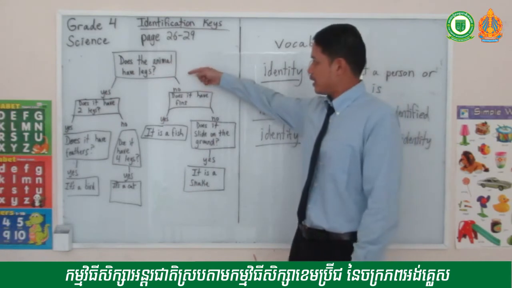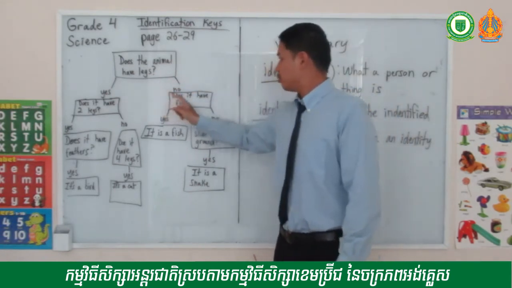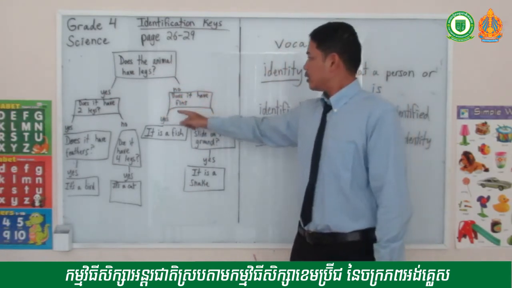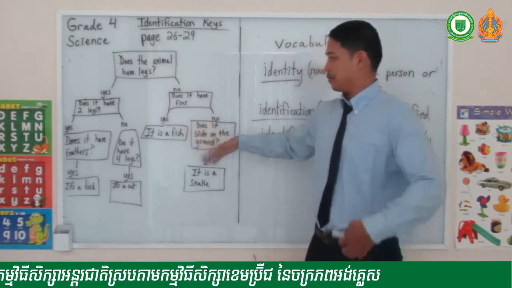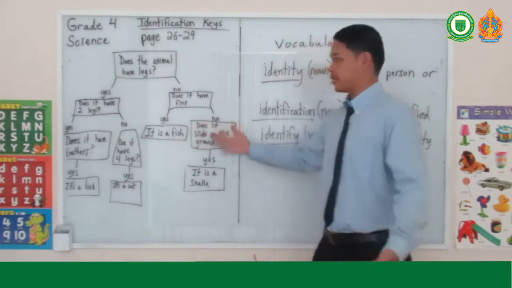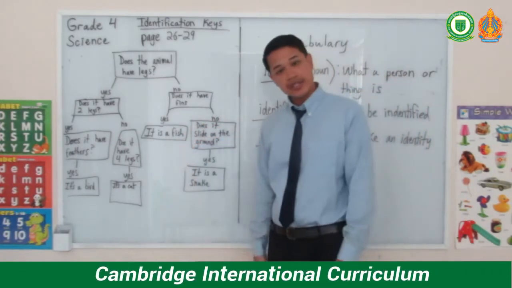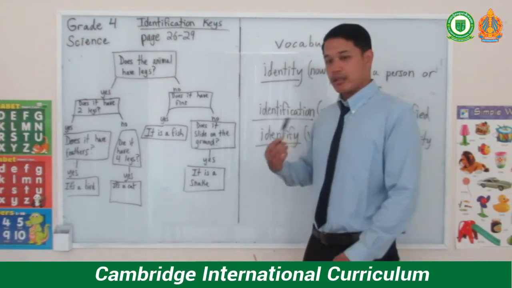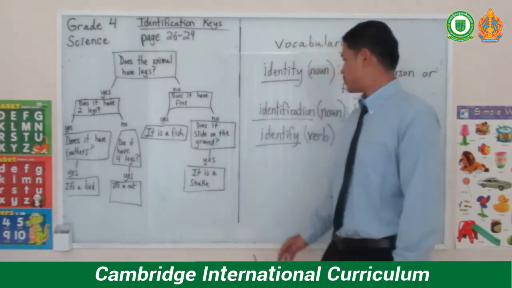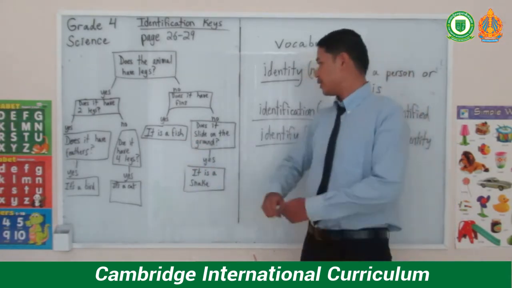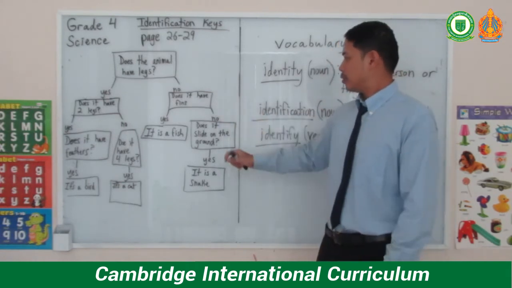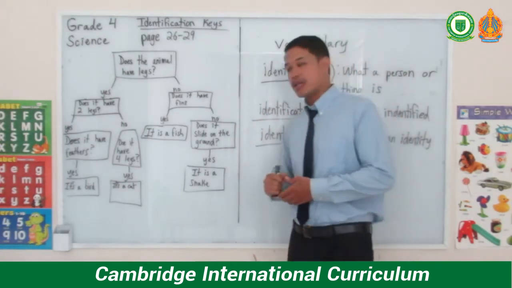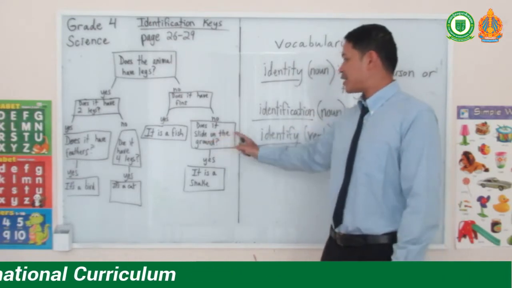Same thing here, yes or no. Does it have fins? If the answer is yes, it's a fish. So we found out it's a fish. We identified that it's a fish. If the answer to does it have fins is no, we ask another question: does it slide on the ground?